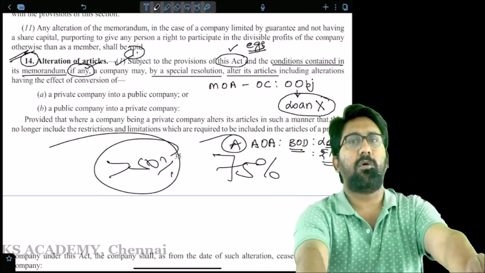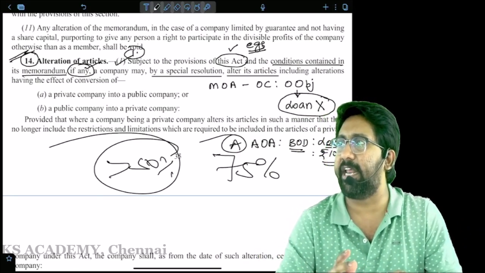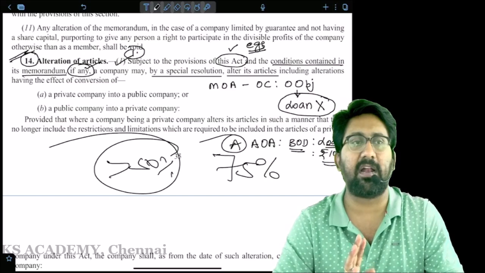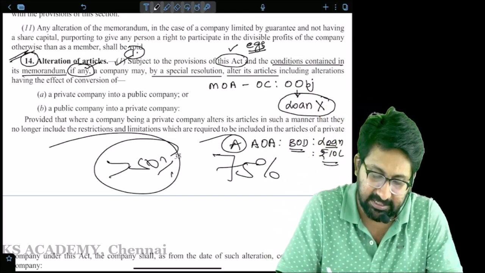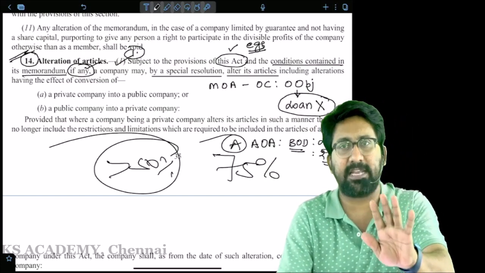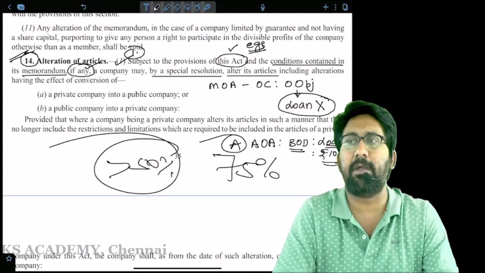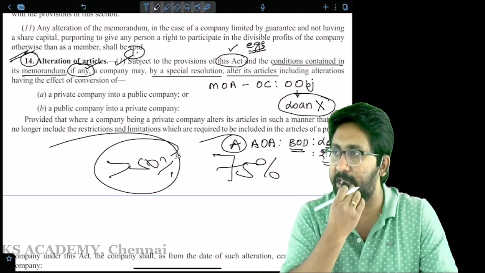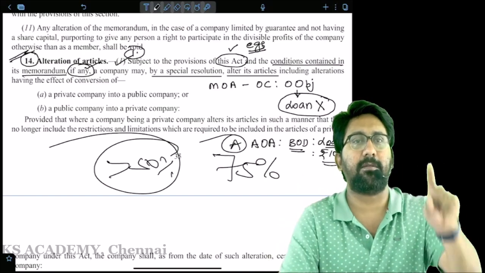Whenever you want to alter the articles, yesterday we already read Table F. In that, how many points are there? Say, for example, for simplicity's sake, in my company we made a full adoption. I think you know what a full adoption is. How many types of adoptions are there?